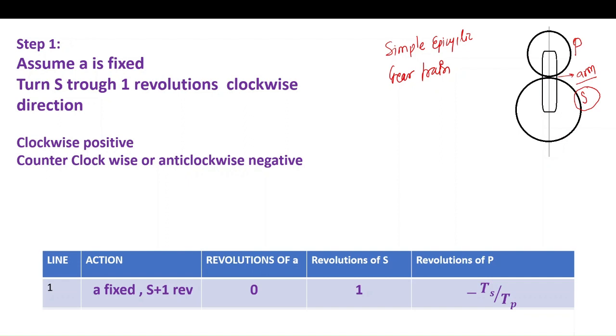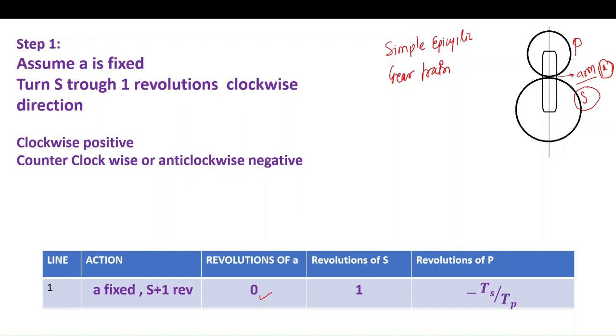First of all, in step 1, that is the first row of the table, assume arm A is fixed, so the revolutions of A will be 0.